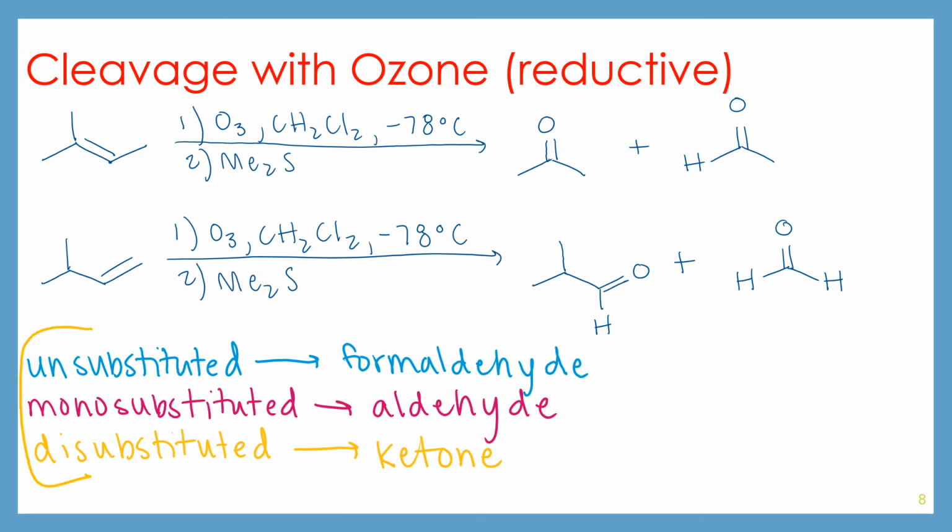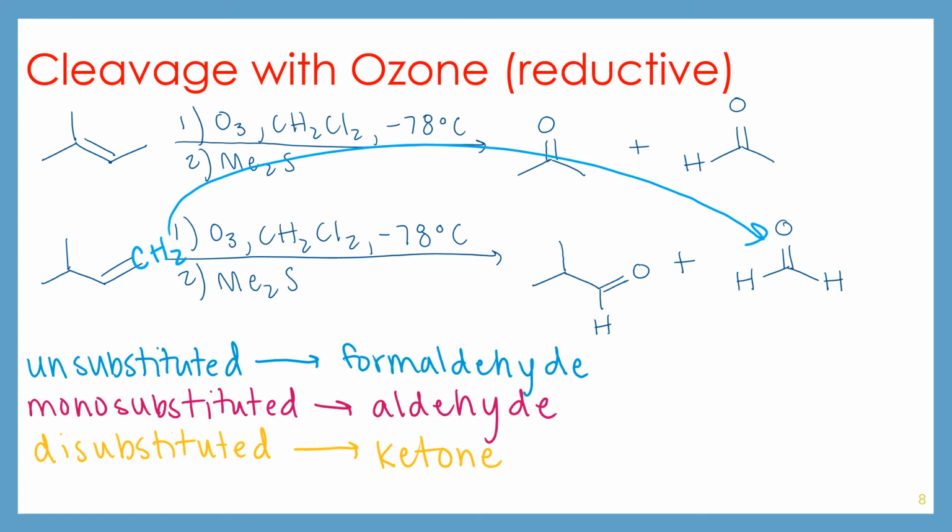So unsubstituted carbons, such as the one here, will make formaldehyde. Let's color code that. So this CH2 group will make formaldehyde. A monosubstituted carbon, I don't have pink, but I have red.